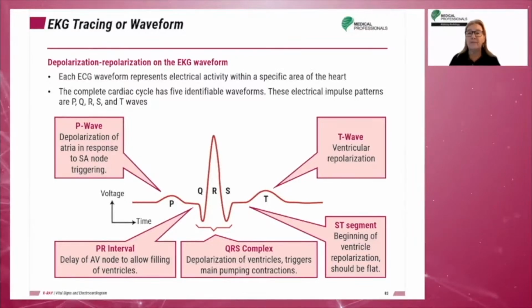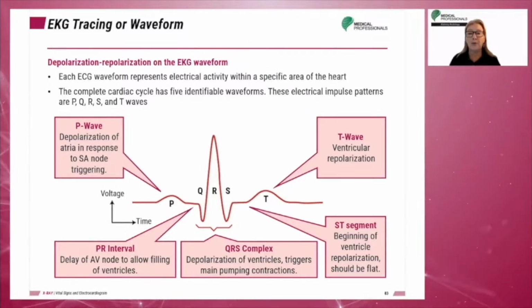The P wave is the atrial depolarization. The QRS complex represents ventricular depolarization, and the T wave represents ventricular repolarization.